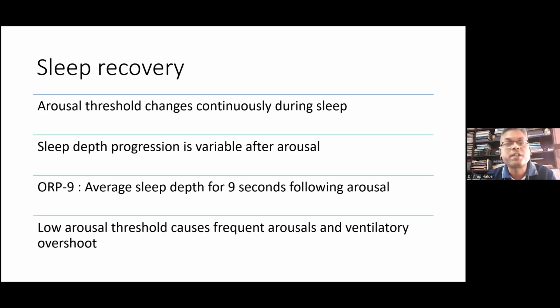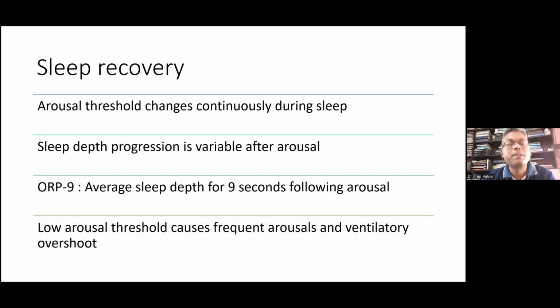And sleep progression following arousal is also different. What is the sleep progression? That means if the patient is awake, when he is going to fall asleep, how quickly stage 3 or deep sleep can be achieved. This is given by the sleep recovery, and there is one measurement for that called the ORP9, that is the average sleep depth for 9 seconds following arousal.